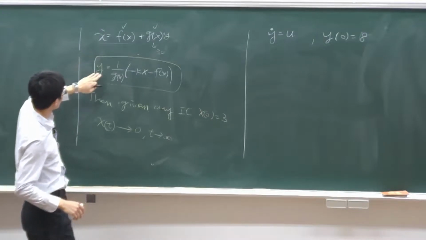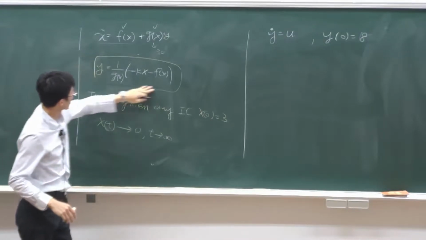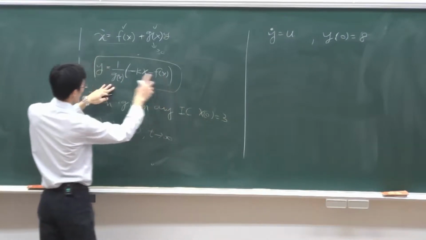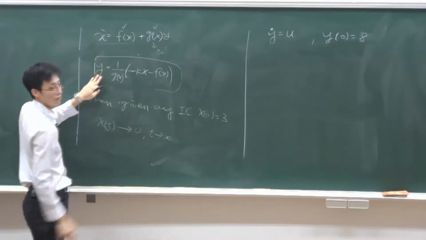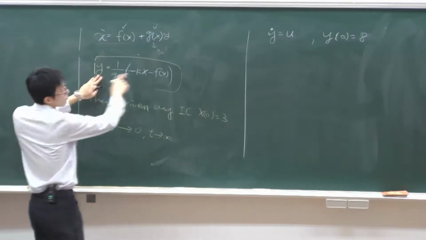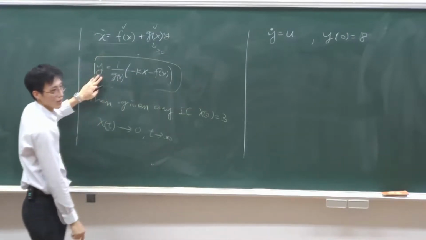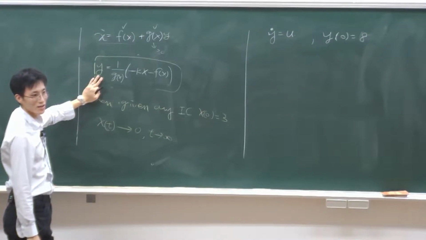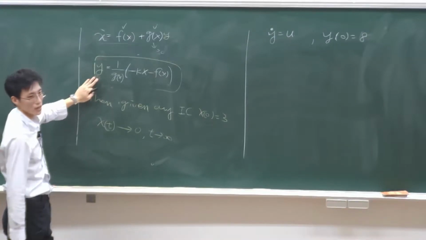You want that y to be this value, and you substitute your initial condition of x, the y will be some value. But that value might be different from the initial condition here. Right? Okay, so you cannot put y here.